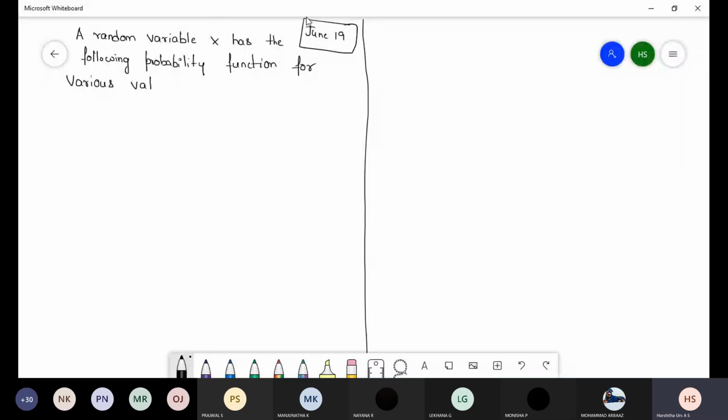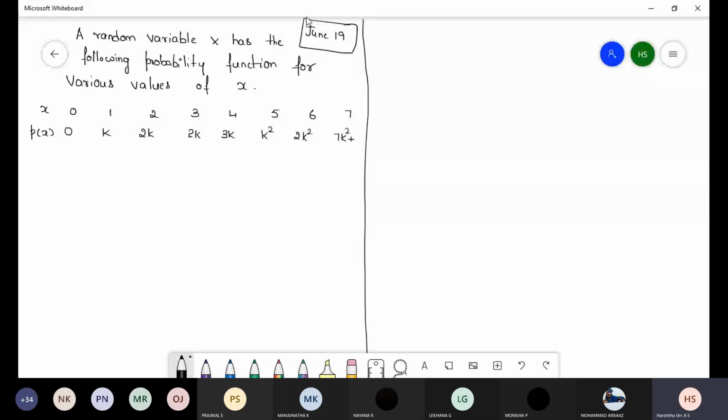Take down the x and p of x values: 1, 2, 3, 4, 5, 6, 7. Here 0, k, 2k, again 2k, 3k, k square, 2k square, 7k square plus k.